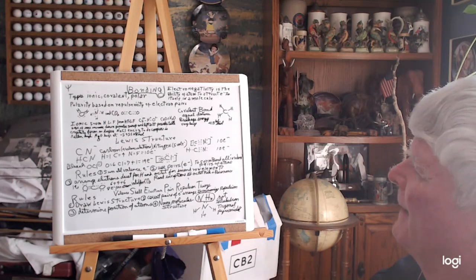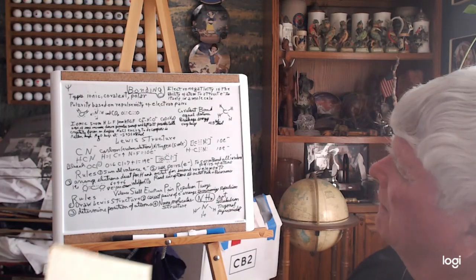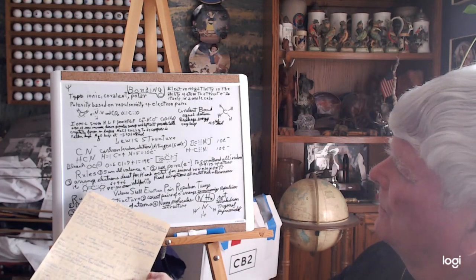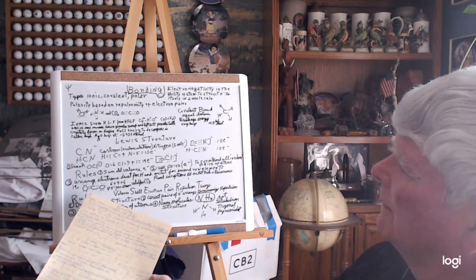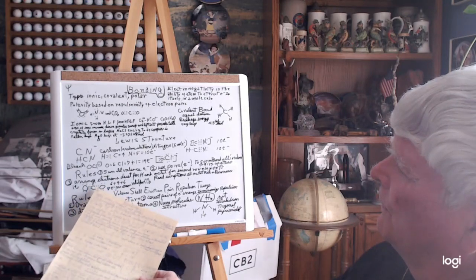Now let's further validate that for something that you're familiar with, carbon dioxide. Now, oxygen can only have 6 electrons, 2, 4, 6. And it's double bonded with carbon, and carbon can only have 4, 2, 4.